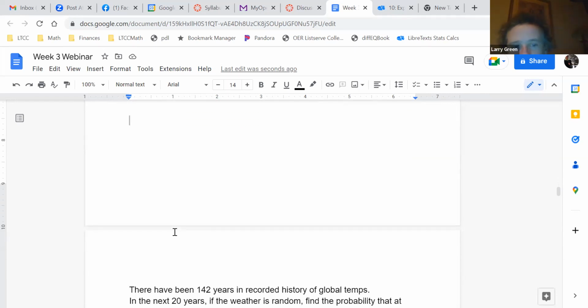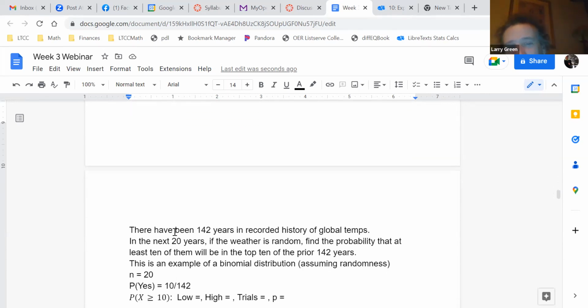Here's another one. It's also kind of depressing, but not as depressing. There have been 142 years in recorded history of global temperatures. In the next 20 years, if weather is random, find the probability that at least 10 of them will be in the top 10 of the prior 142 years.